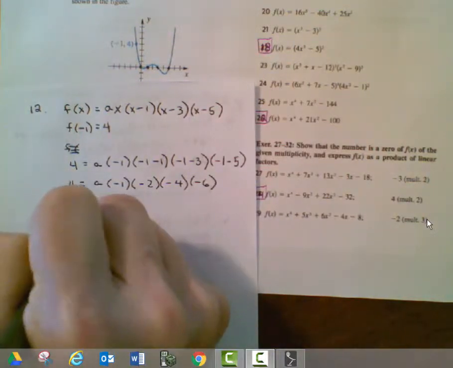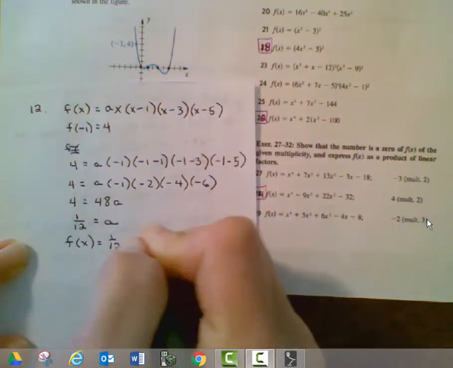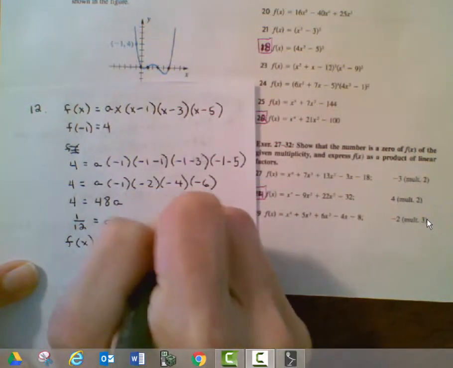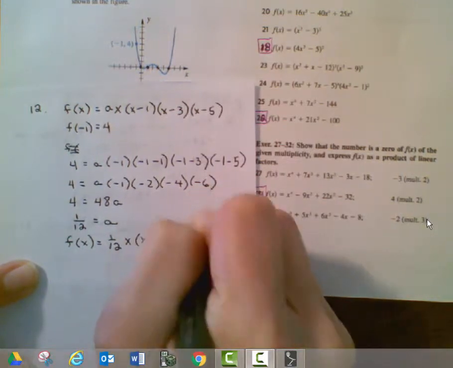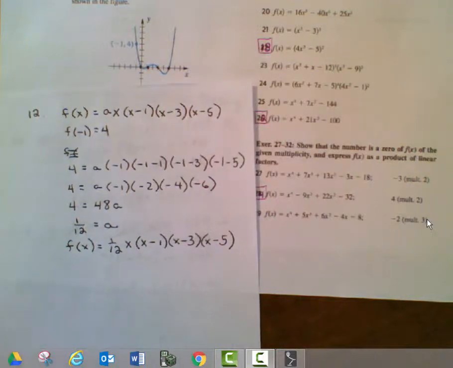So the function that I'm looking for is 1/12 times these other factors, x times x minus 1 times x minus 3 times x minus 5.